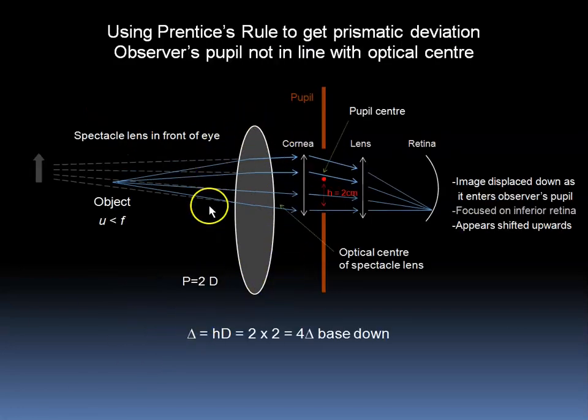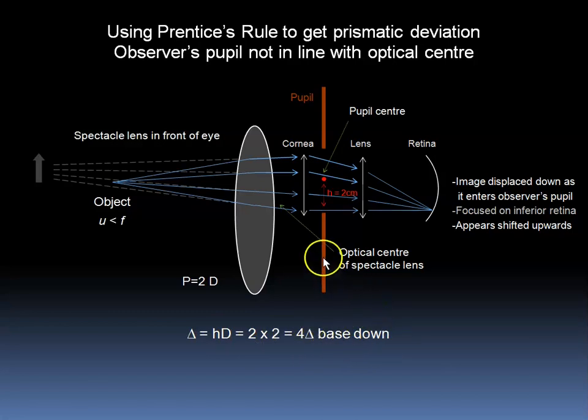Here we have a lens located so that the pupil is in line with the upper part of the lens. The center of the pupil is 2 centimeters away from the optical center of the lens. The lens has a power of 2 diopters. Therefore, the prismatic deviation of this lens is 2 times 2, which is 4 prism diopters.